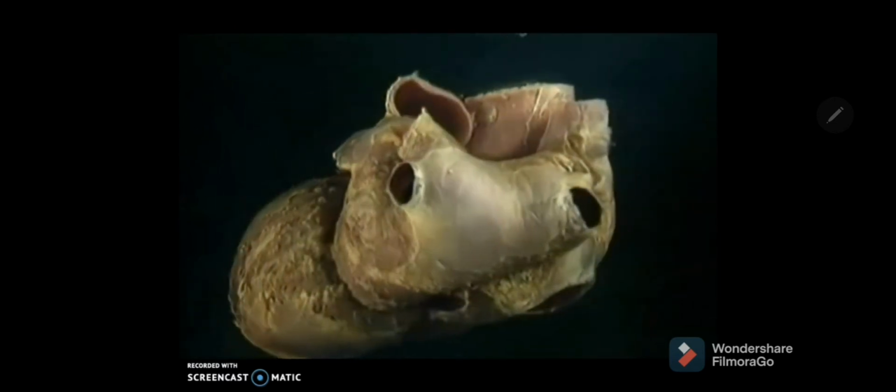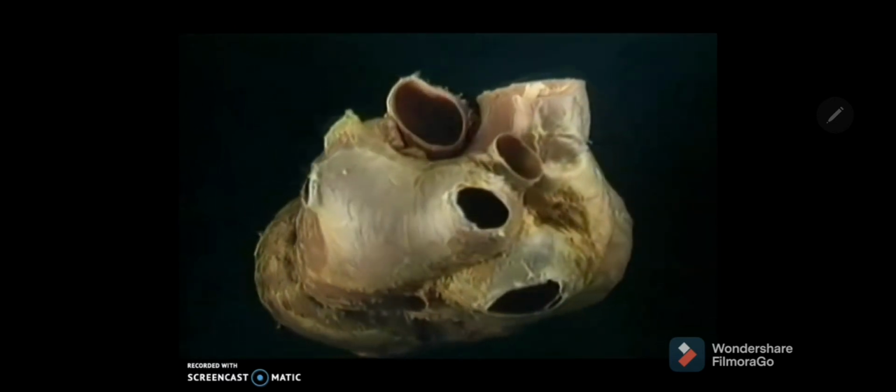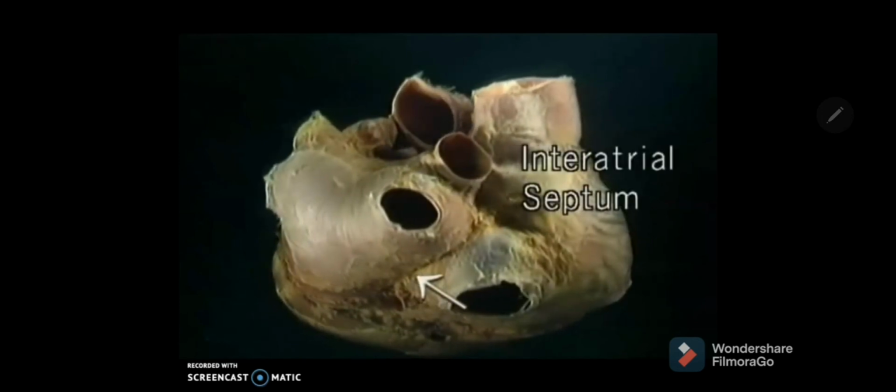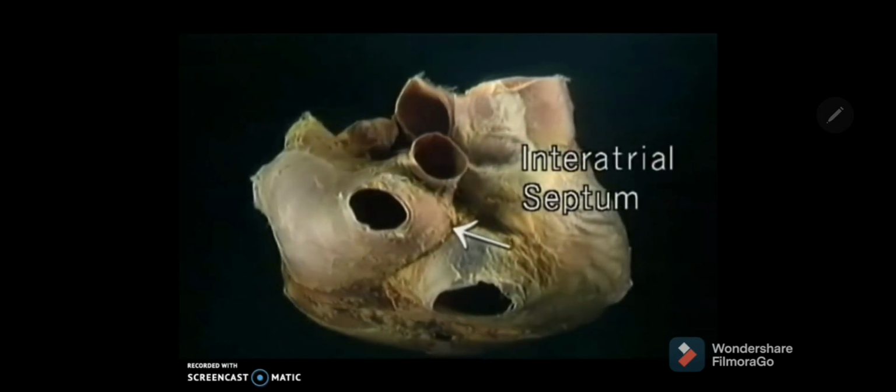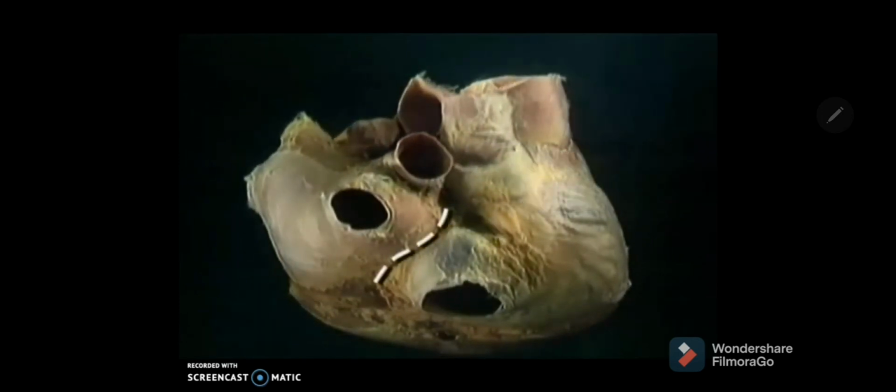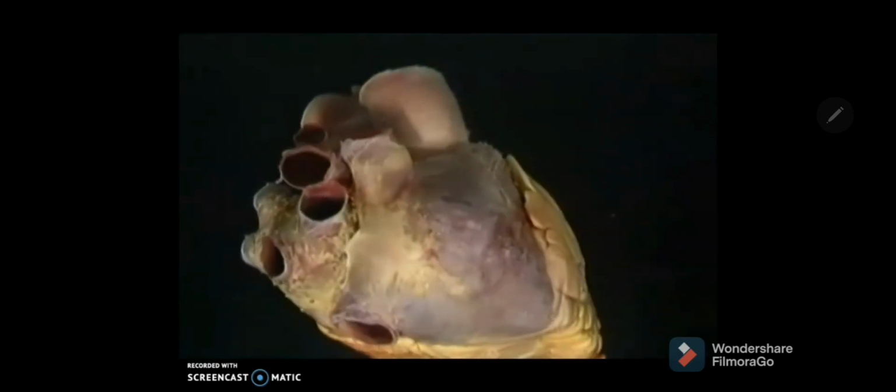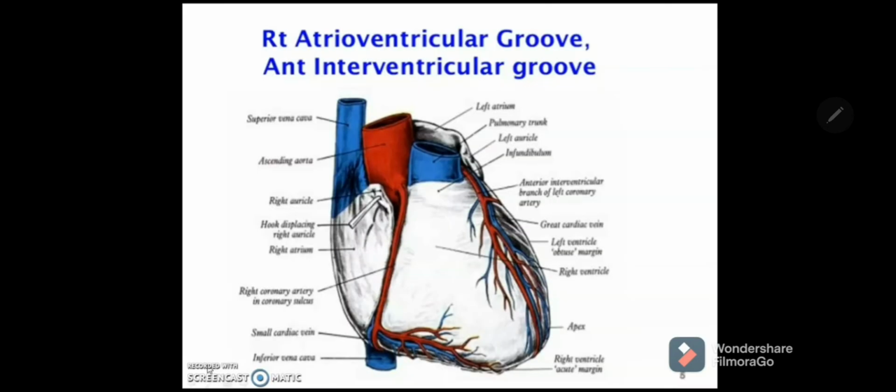You can notice this is the base of the heart, having two atria separated by the oblique interatrial septum. That is the interatrial groove that you are noticing here. When you see the heart, it has the apex, and the base is formed by the atria.